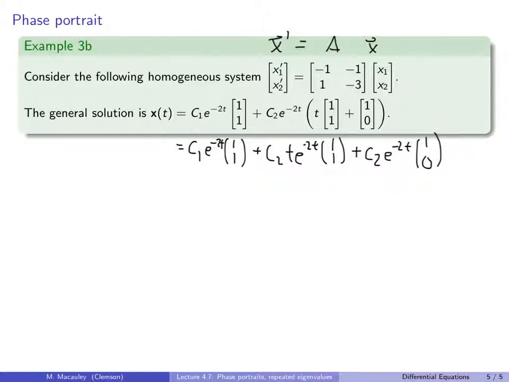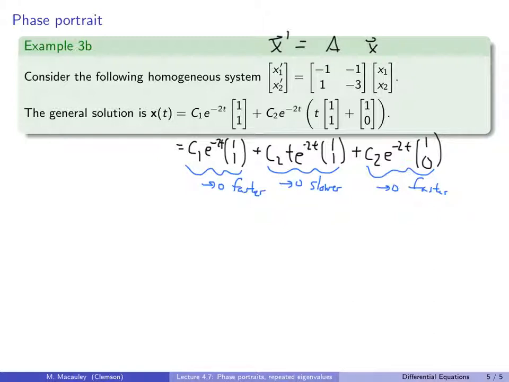So let me say that. So this goes to 0 faster, and this term goes to 0 slower, and this one goes to 0 faster. And again, because of this t, as t gets larger, the exponential gets smaller, but this t slows it down.